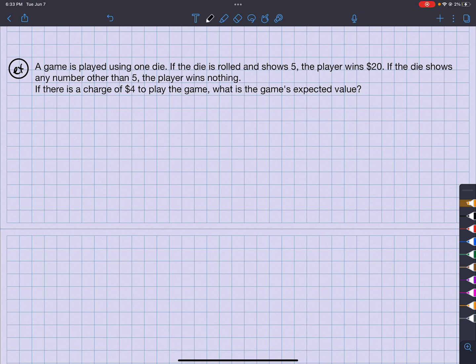here, if I roll 5, so what's the chance of me rolling a 5? I have 1 out of 6 chances of rolling a 5, right? And I could win my $20, but I had to spend $4 per game. But I have a chance of losing, and the chance of losing is 5 out of 6 because if I roll anything besides a 5, I'll lose. And what am I losing? I'm not losing $20, but I am going to lose $4.